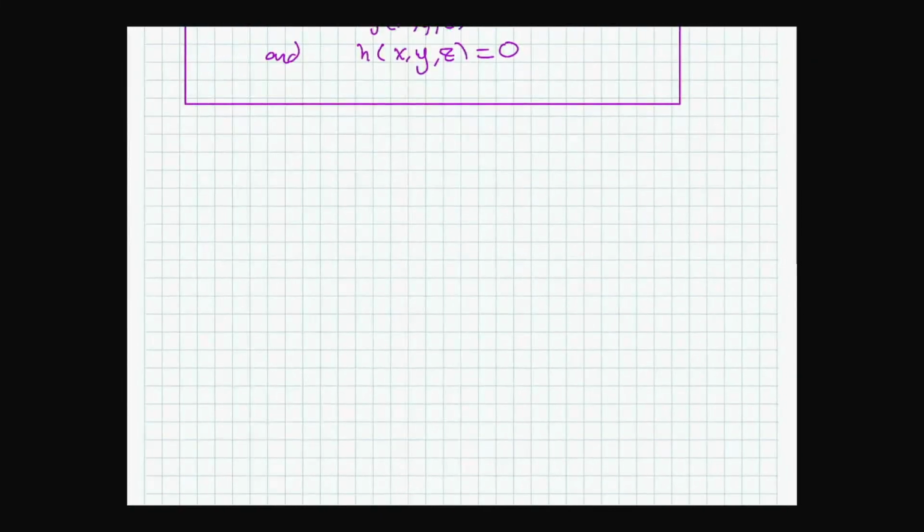So what you have to do is, like before, your system of equations is as follows.